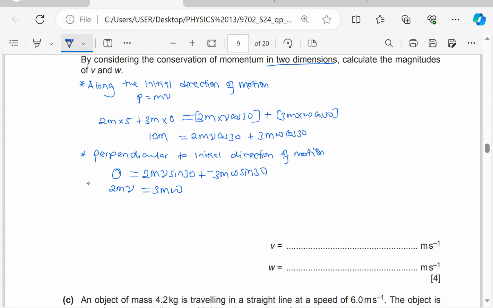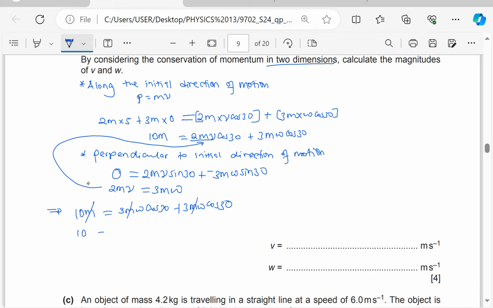So I'm now going to substitute 2mv into this equation here. This implies that 10m is, where there is 2mv, I'm going to put 3mw. So 3mw cos 30 plus 3mw cos 30. Whatever way you use to solve this, m has cancelled out because it's a common factor.